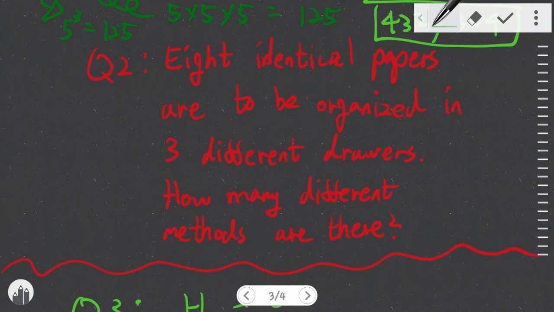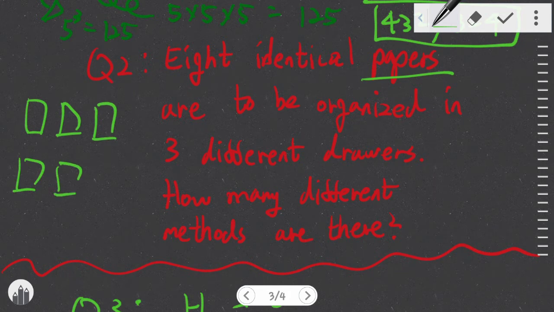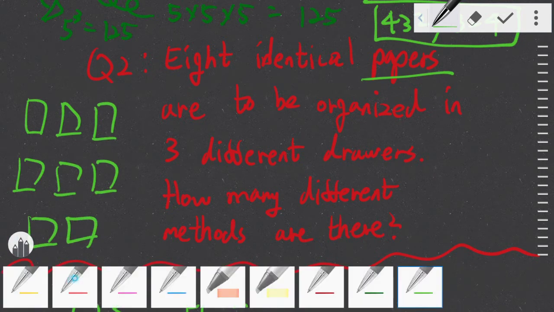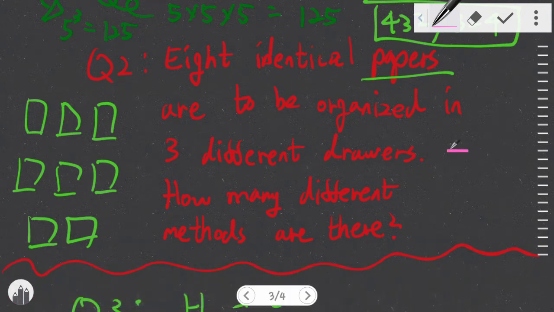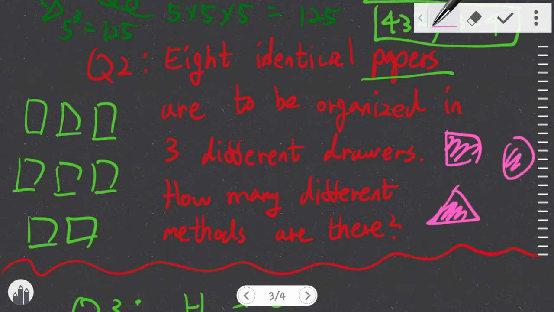Question 2. 8 identical papers are to be organized in 3 different drawers. So we have 1, 2, 3, 4, 5, 6, 7, 8 identical papers. They're going to be placed in 3 different drawers, let's say this one's a triangular drawer.